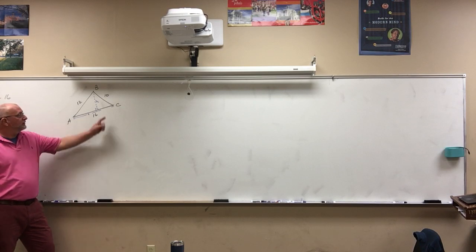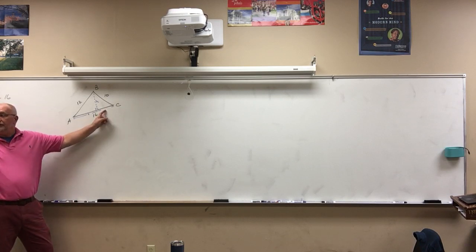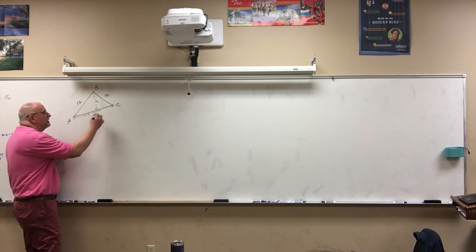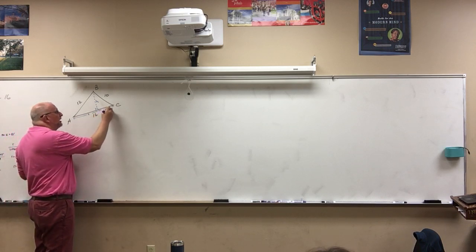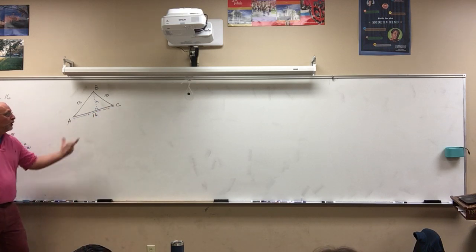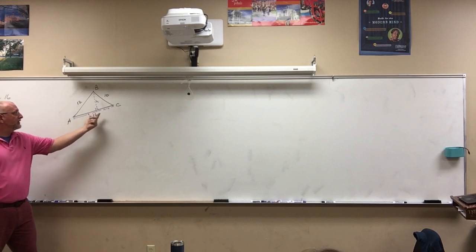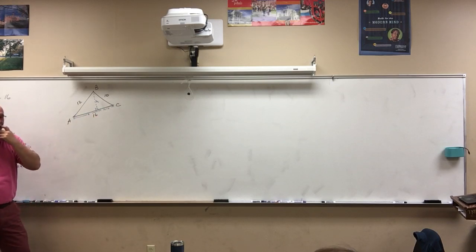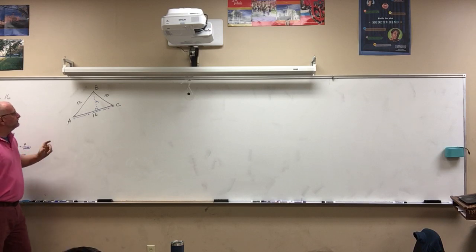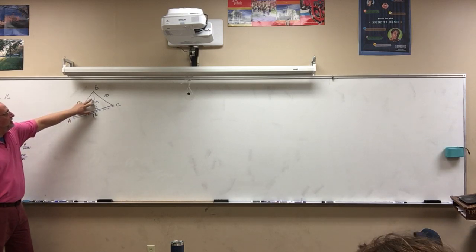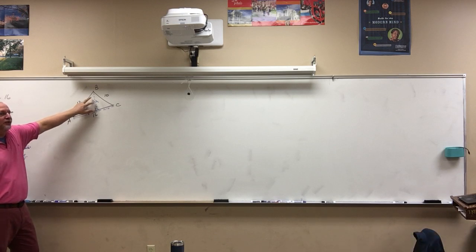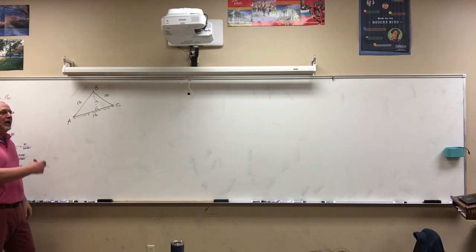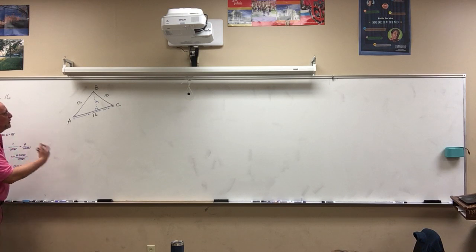So let's try something else. 16 minus x is perfect. Well done. The whole thing is 16. If this bit is x, this would be 16 minus x. Make sense?